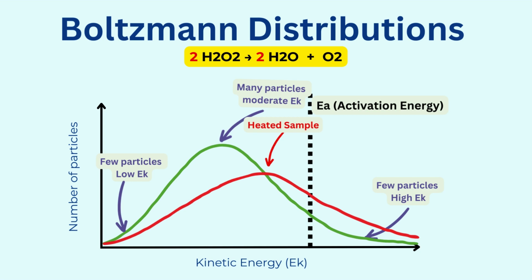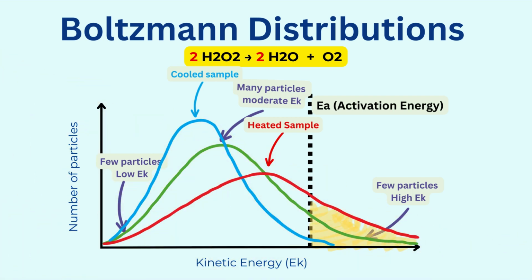The peak also reduces as the molecules now cover a larger range of kinetic energies. Conversely, colder temperatures narrow the graph so that fewer molecules contain high energy. Notice how altering the sample temperature affects the proportion of particles with enough energy for the reaction.